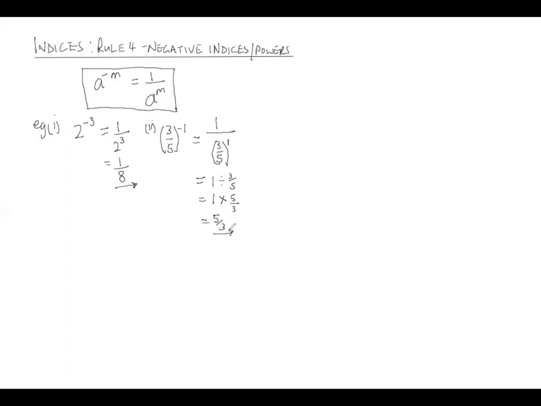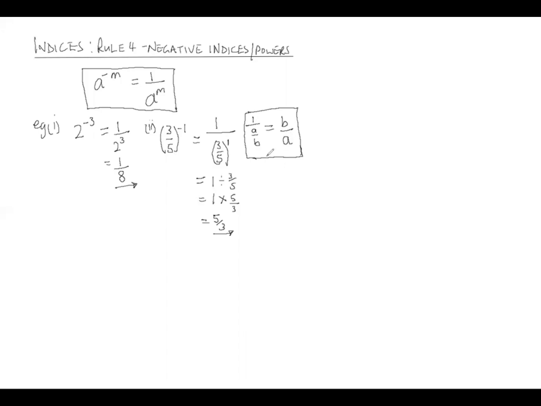So this is the longer way of doing it. But I'll give you a simple rule here. If we've got, for example, 1 over a over b, this is just the same as saying b over a. Very important for you to know this.